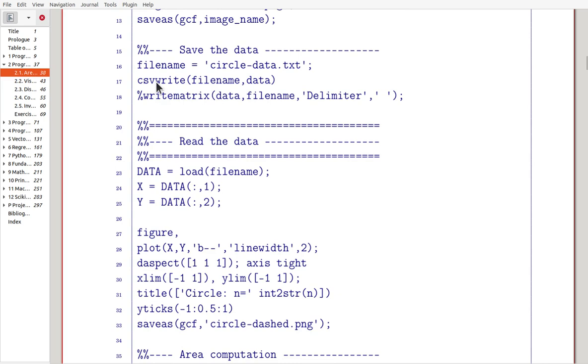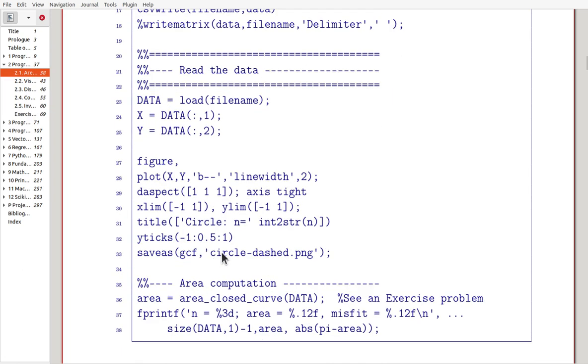After saving the data, we read it by using the load command, save it in data, where the first column will be x and the second column will be y, and again we make a plot with a blue dashed curve.